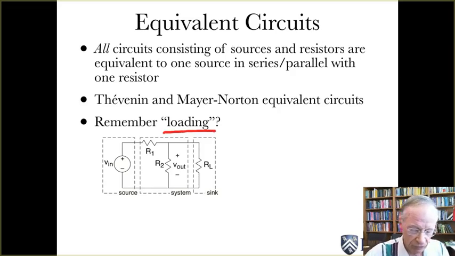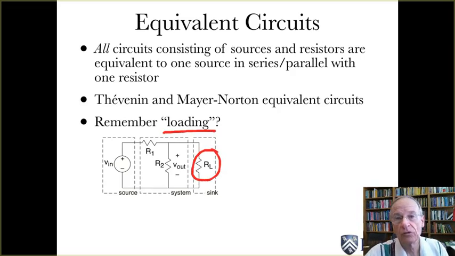Loading is a term that means that if I attach the wrong kind of load resistor for the given application, this V out will change. That's called loading down the original circuit. Well, I want to figure out what values of RL will not contribute to loading. What kind of resistor values can the sink have so that the V out doesn't change from what it is if nothing was attached?